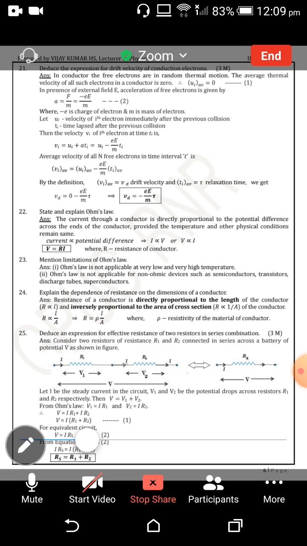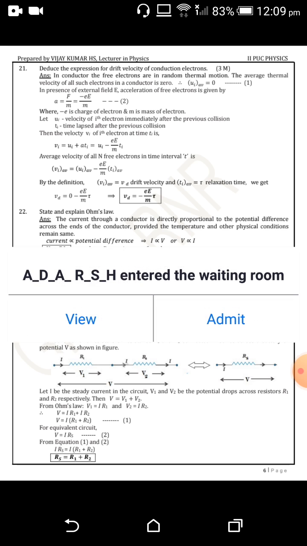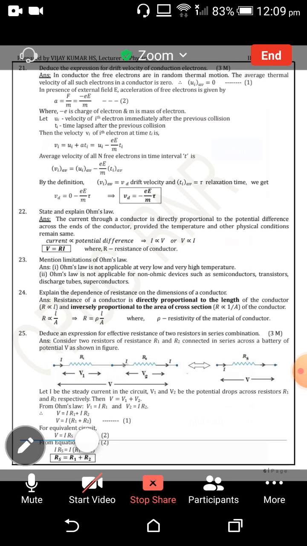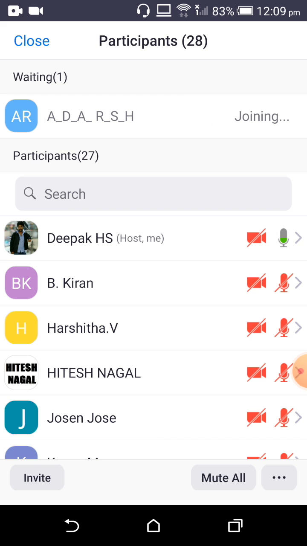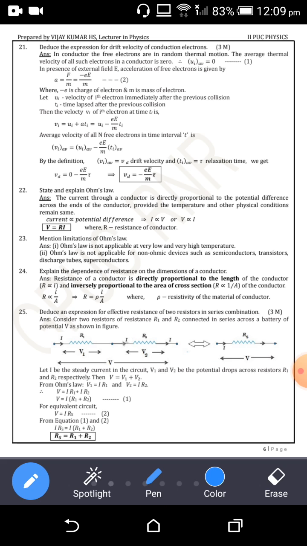Applying that, the potential difference across the first resistor is V1 is equal to IR1, and across the second resistor V2 is equal to IR2. So the total potential difference V is equal to V1 plus V2, hence V is equal to I into R1 plus R2, which is equation 1.